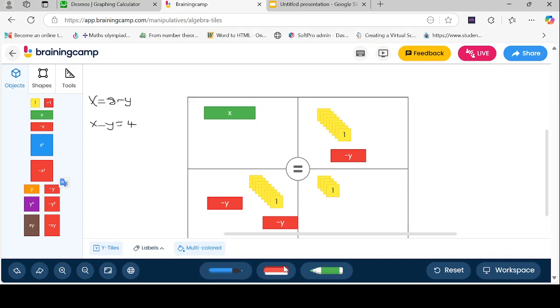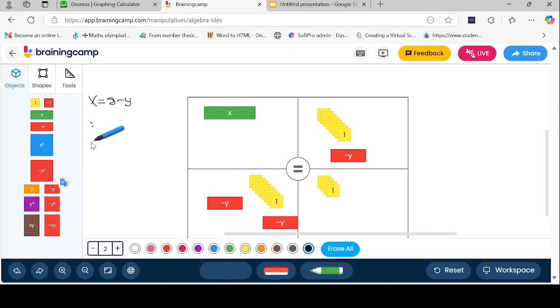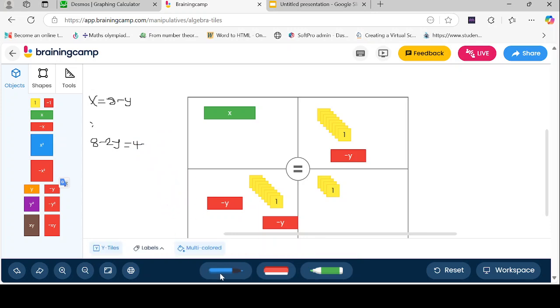So I'm going to rewrite this equation. So this equation becomes 8 minus 2y, because I moved 8 there. Of course, you can see that y is now negative twice, equals what? Equals 4. So what am I going to do to solve for the value of y? To solve for the value of y, I also need to use my negative ones.